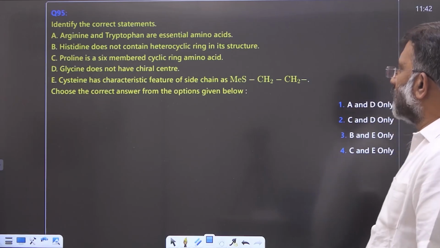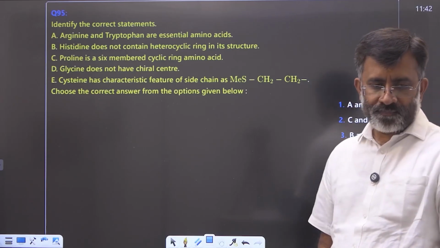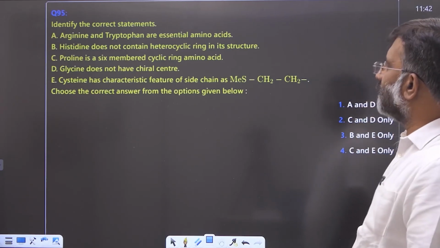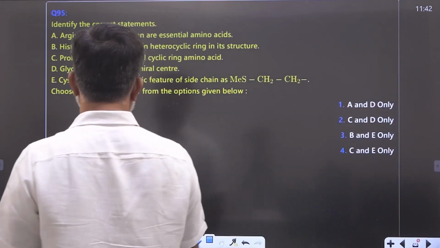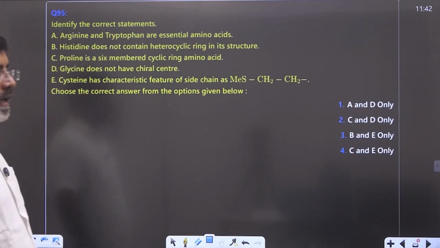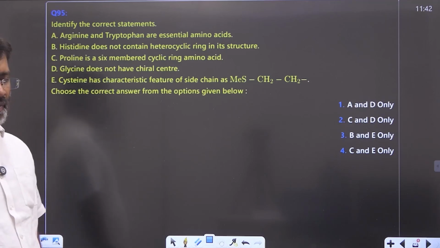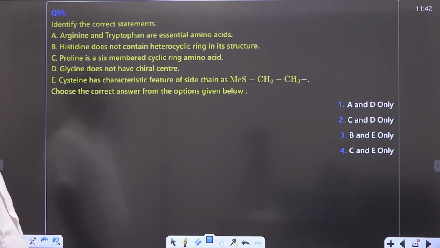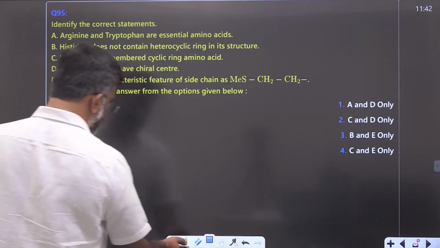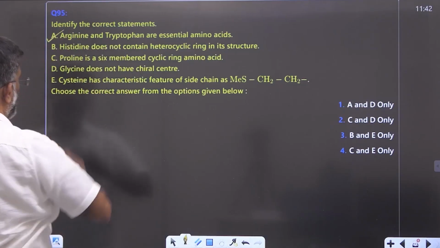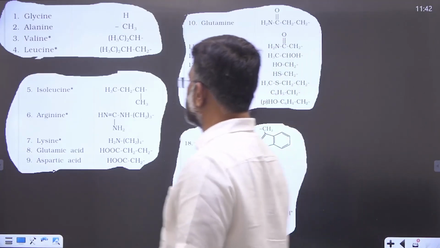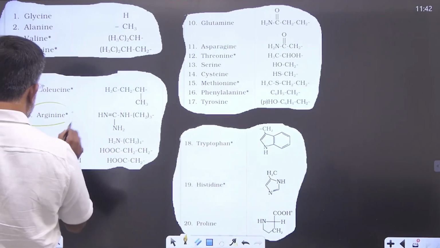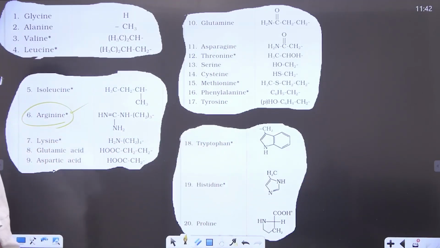Now, question number 95. Arginine and tryptophan are essential amino acids. A is a true statement. This is arginine, which is an essential amino acid.